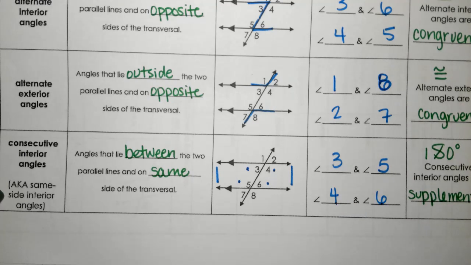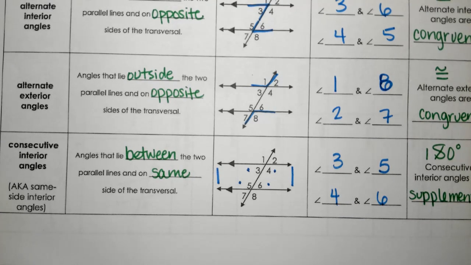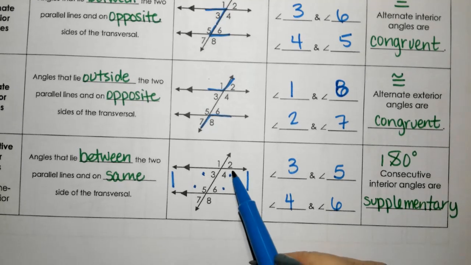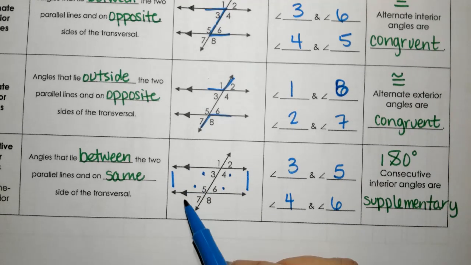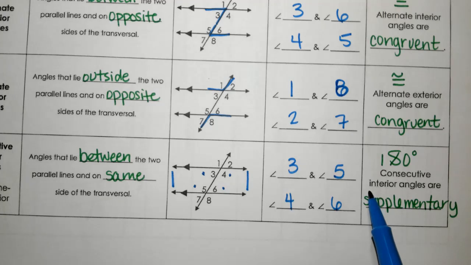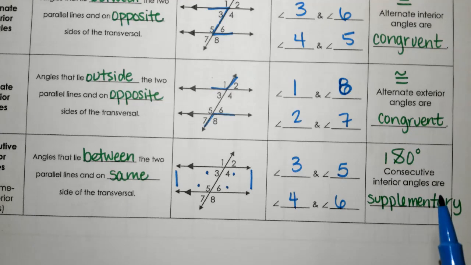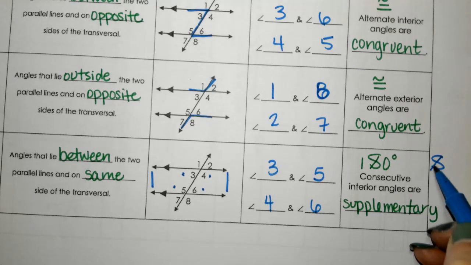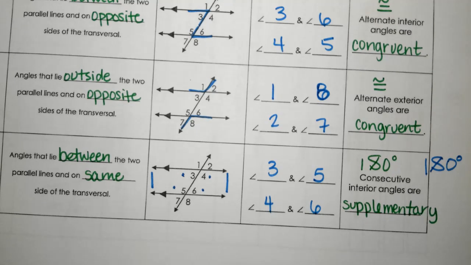These are not congruent. These are supplementary if the lines are parallel. We know that, so we can say that these would add up to 180. And remember, when you forget what supplementary means, we can turn an S into an 8, 180 degrees. The two angles add up to 180.